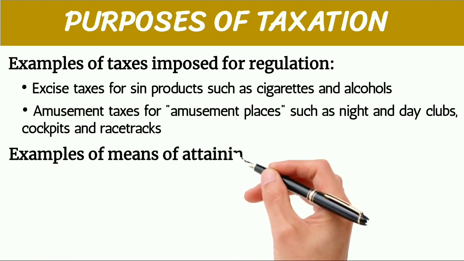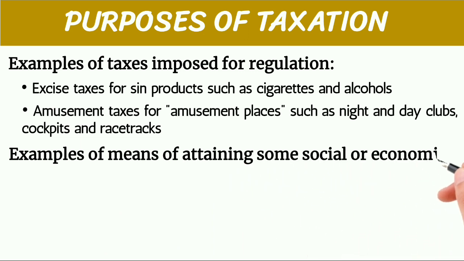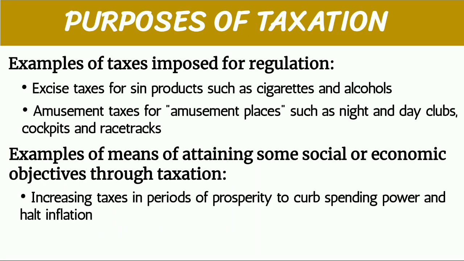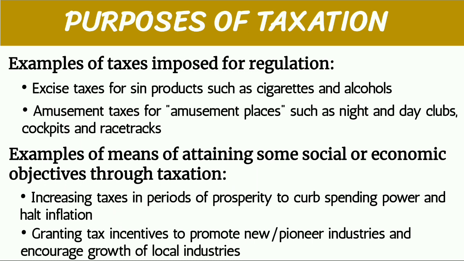Examples of means of attaining some social or economic objectives through taxation are increasing taxes in periods of prosperity to curb spending power and halt inflation, and granting tax incentives to promote new or pioneer industries and encourage growth of local industries.